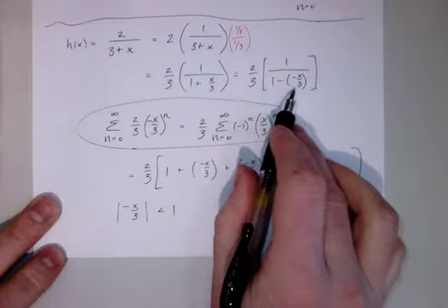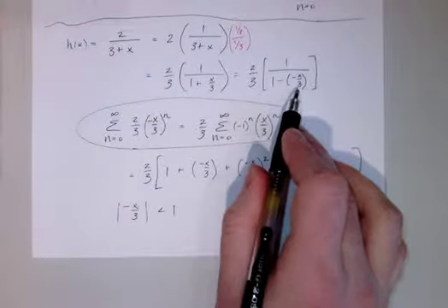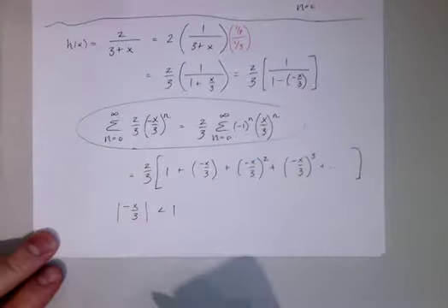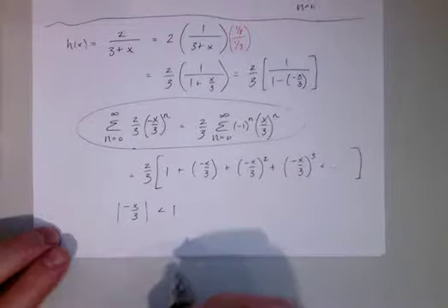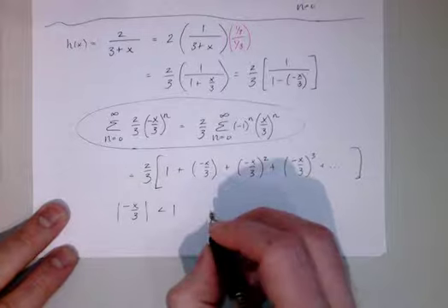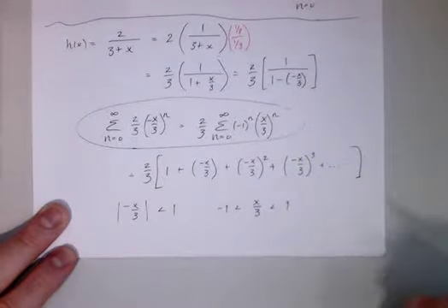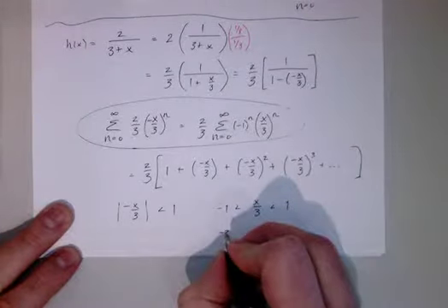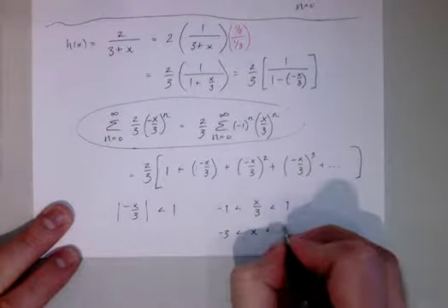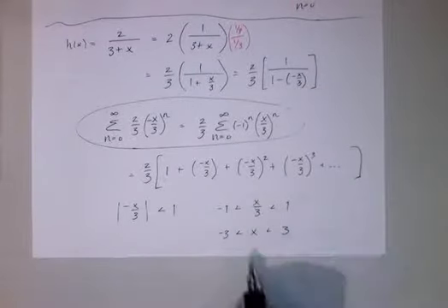Whatever that ratio is right there, whatever goes in for what used to be that r, has to be less than 1, okay? Which means that absolute value takes away the negative, and so you wind up getting x over 3, and therefore it's -3 to 3. Obviously, the radius of convergence is 3.